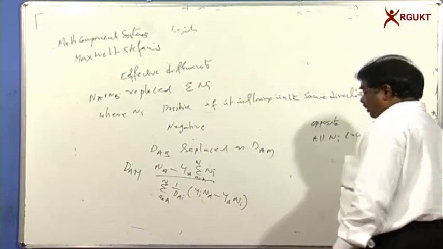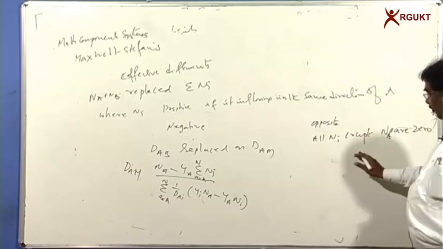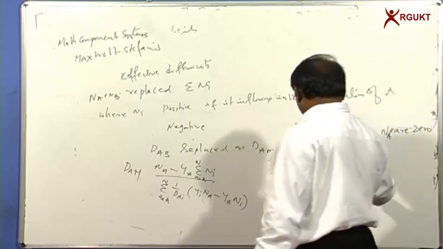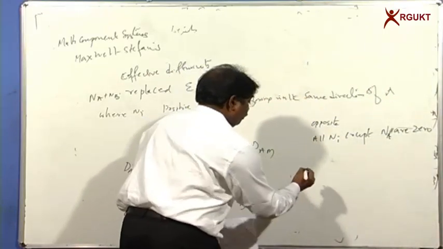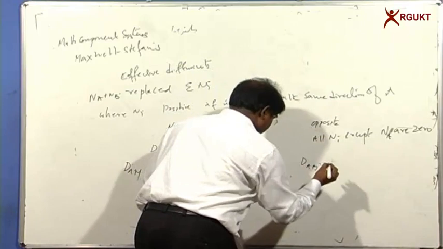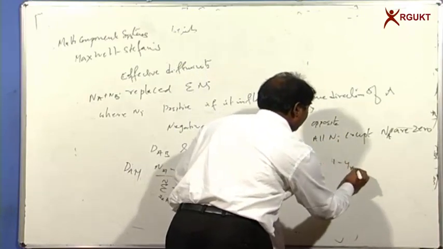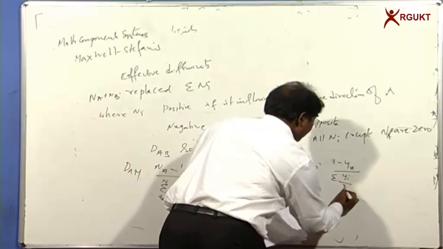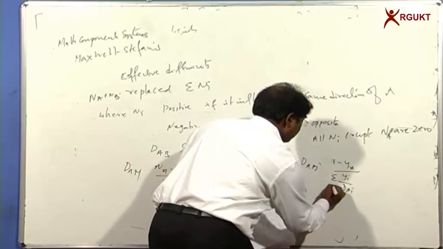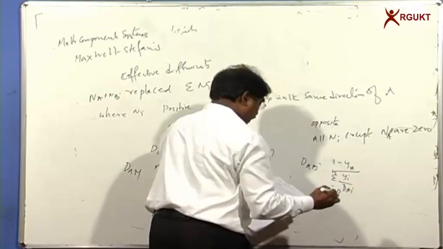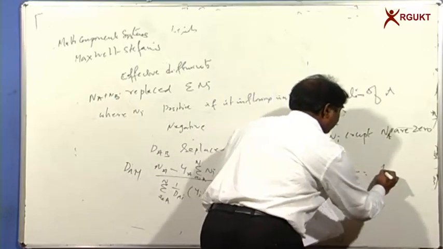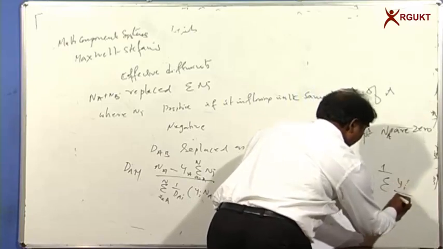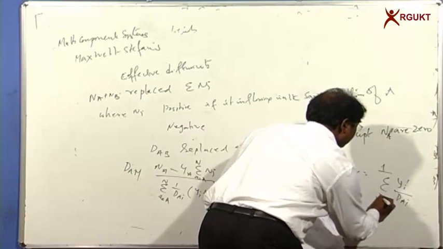That means NA has a value, and NB, NC, ND up to NZ are 0. In that case we write DAM, the effective diffusion coefficient, as (1 − yA) divided by the sum of yi/DAi, where i runs from B to N, which is written as 1 divided by the sum of yi′/DAi, where i is from B to N.